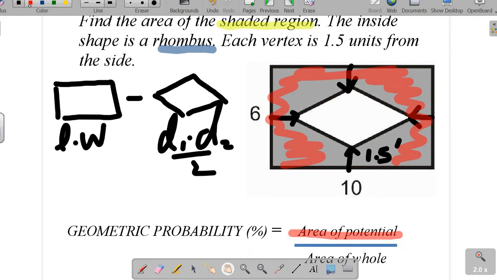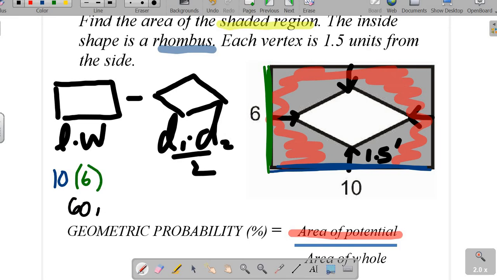Watch very carefully. Our length, trace it, always trace, guys. Always physically trace. Width, physically trace. Now we physically trace one diagonal. You're like, wait a minute, there's nothing there. Let's take a close look at this.